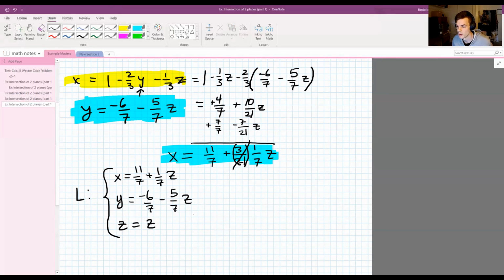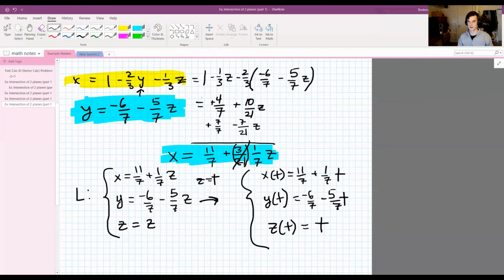To get this in parametric form, all you have to do is set z equal to t. We're going to have x of t, it's the exact same thing, we're just changing z to t. So this is the equation for the line broken into its components in each dimension, all in terms of the same parameter t. So this is parametric form.